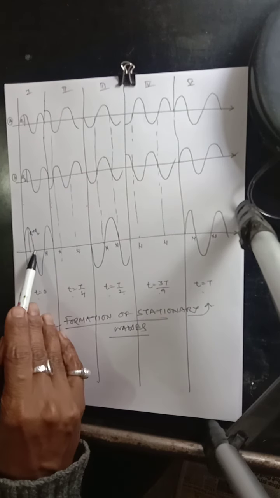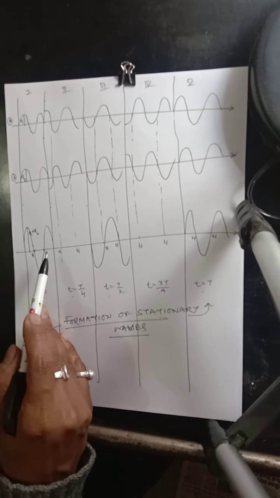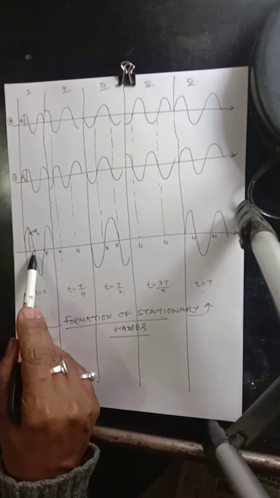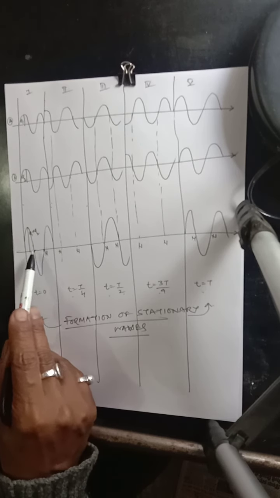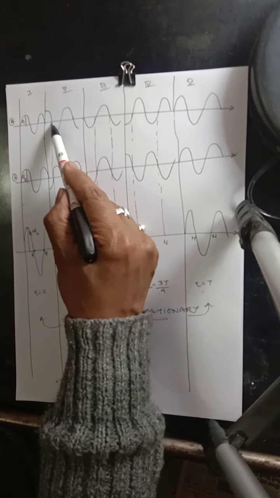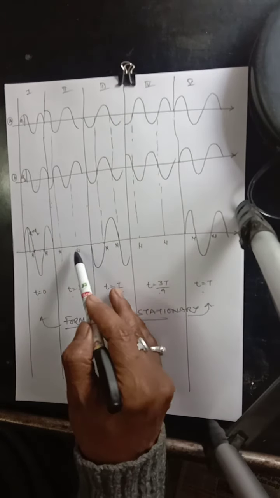So at this point, what we are getting is minimum amplitude. These are the points where the amplitude is minimum. So these are called nodes. Same is here. 0, 0 nodes, 0, 0 nodes.